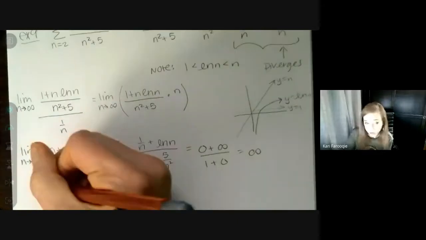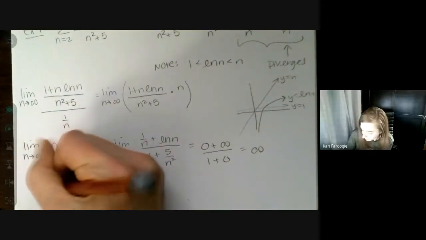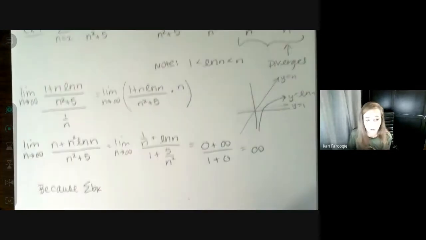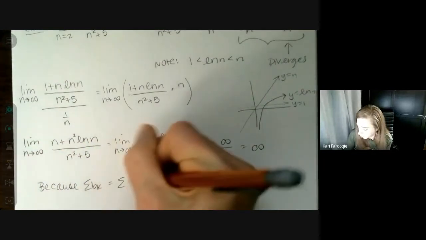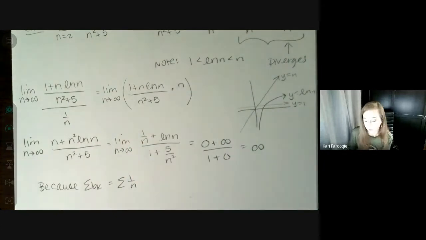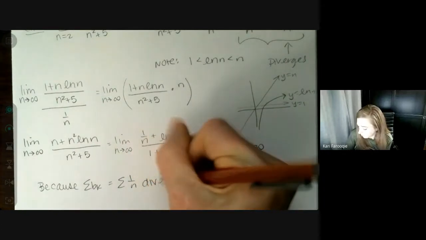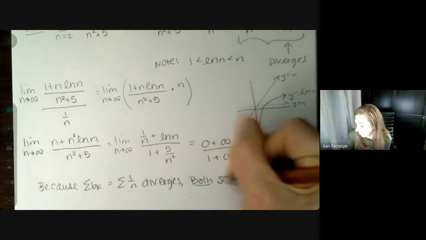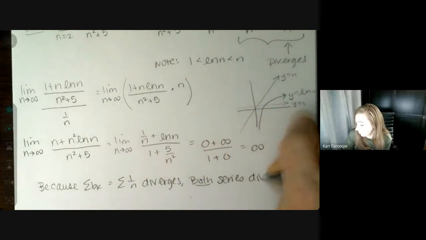We can say that because our comparison series, we'll call it b sub k, which we said was the series of 1 over n, diverges. Then we can say that both series diverge.